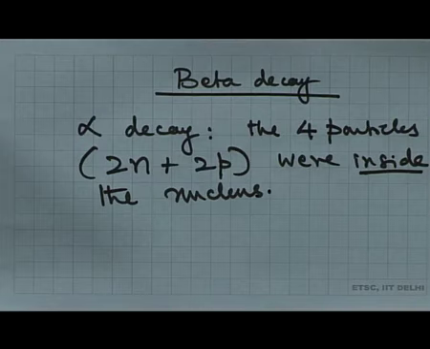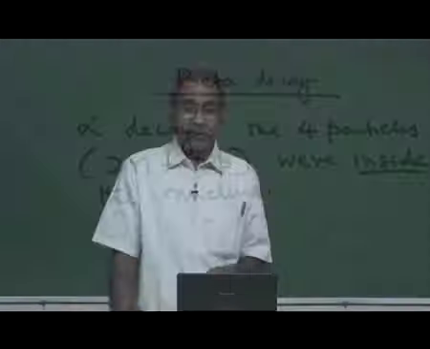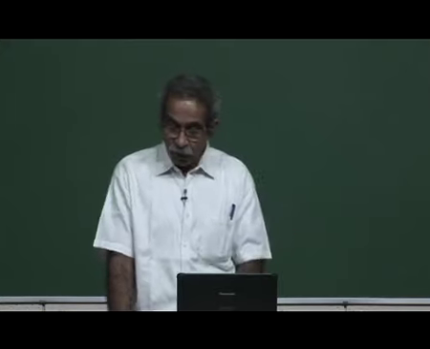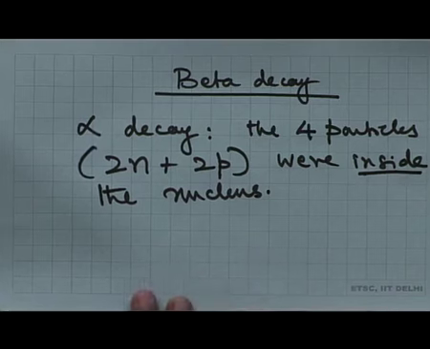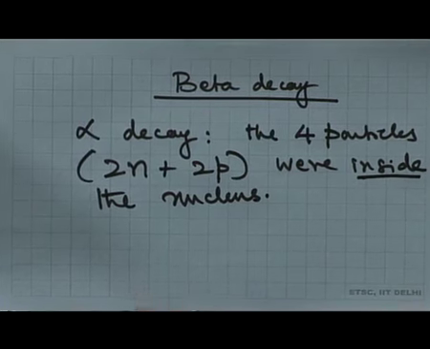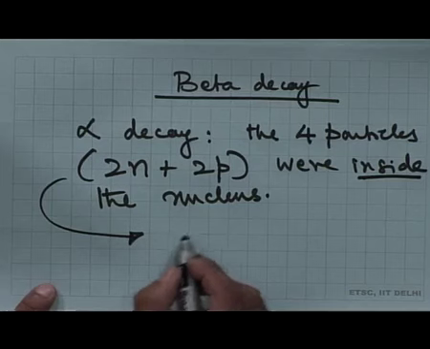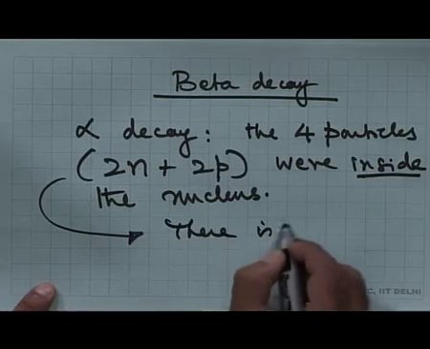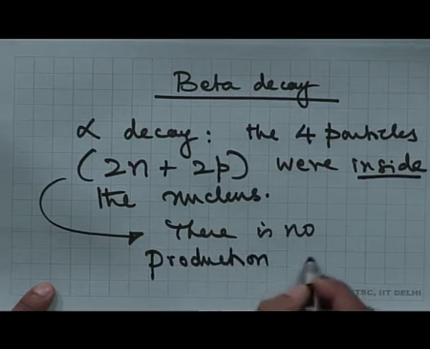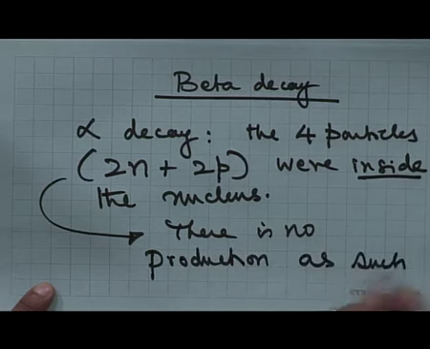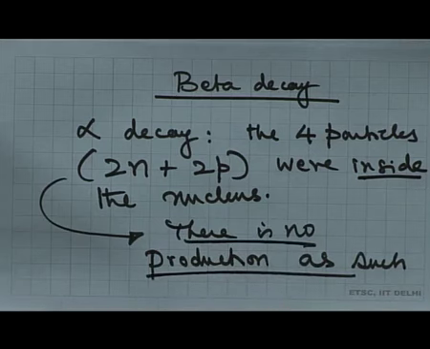So this is like an escape. Just as a person can escape from a prison or a confined area, the person was already there. It is just that you were able to break open the barrier and come out. The particles were already there and they simply break open the barrier and come out, and for that reason we say there is no production as such.